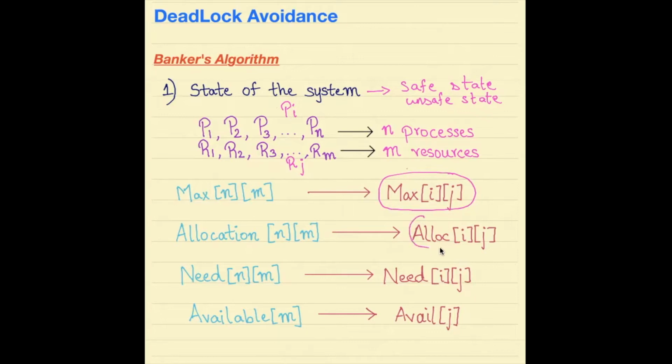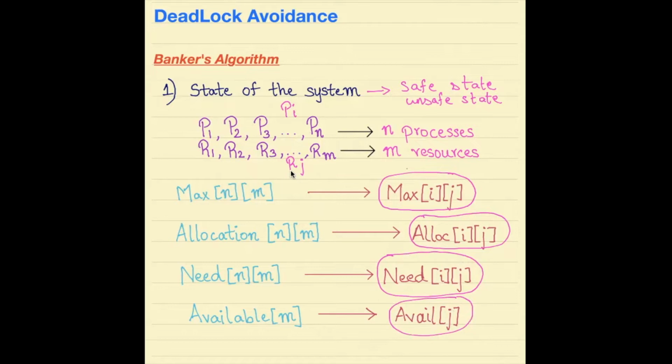Similarly, Allocation[i][j] tells how many resources of type j are allocated to process Pi. Need[i][j] tells us how many resources of type j are needed in future by process Pi. Available[j] tells us how many resources of type Rj are available to us.